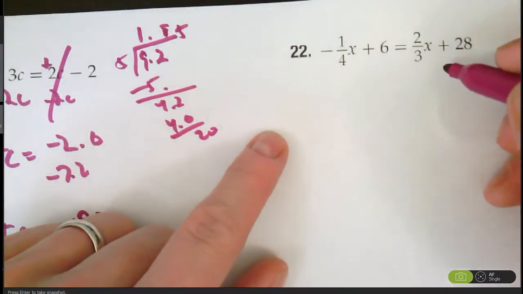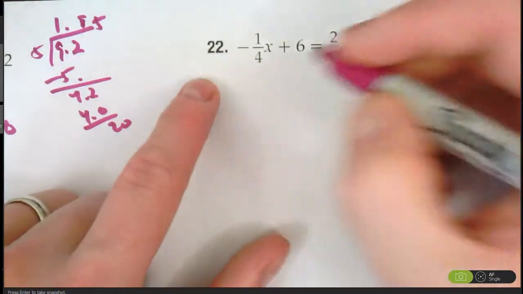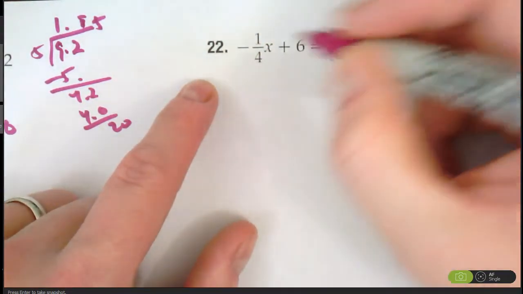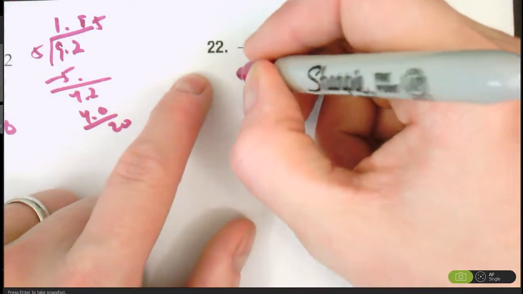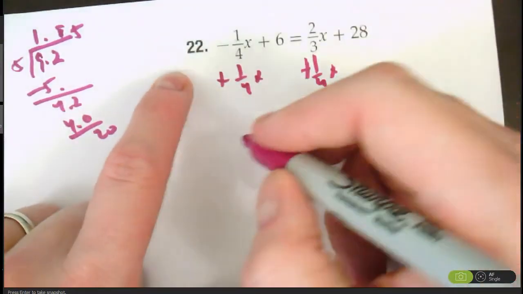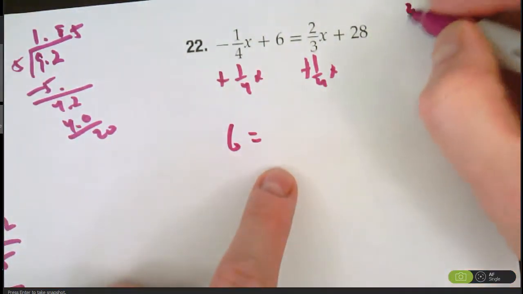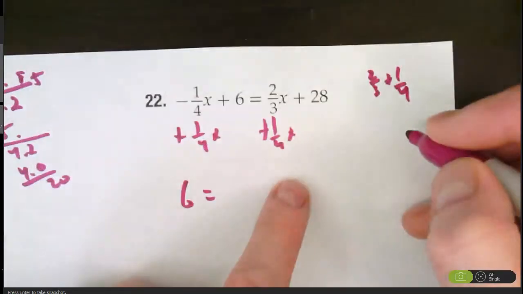For number 22, let's just say for the sake of argument you don't want to make your variables negative, you want to keep them positive. So there's a positive 2/3 x over here, negative 1/4 x over here. So what I can do this time is add 1/4 x to both sides. So on the left side I get 6 equals, well, I'll do 2/3 plus 1/4. Okay.